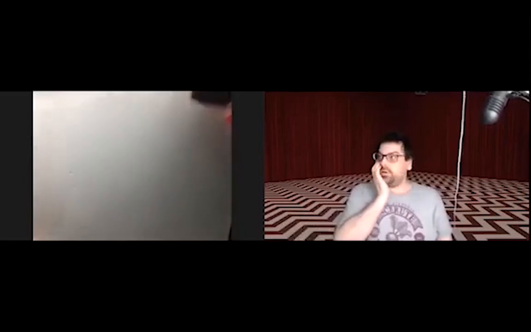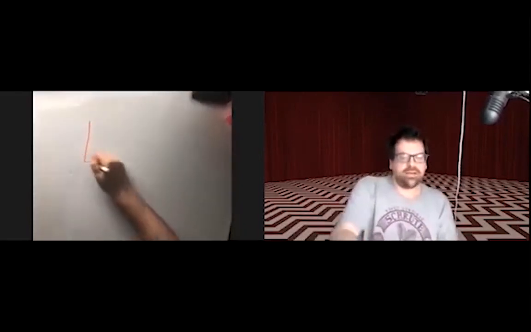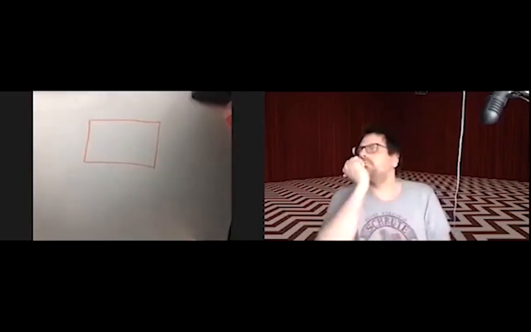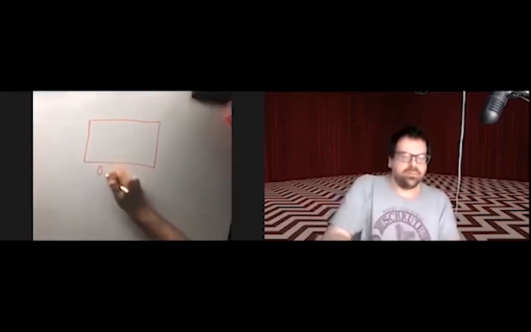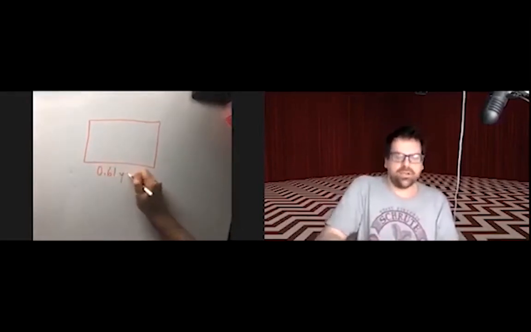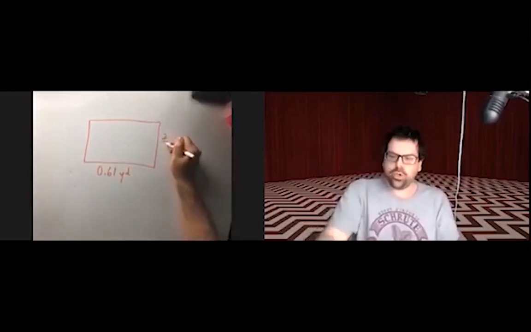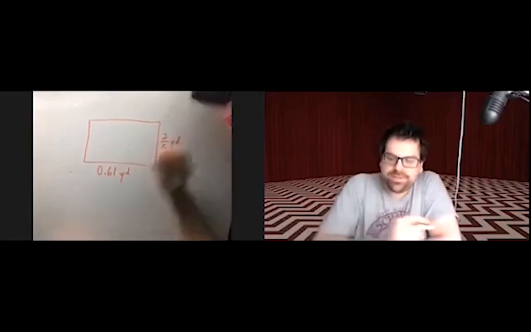Instead of triangles, let's take a look at a rectangle. 0.61 yards this way, 2/5 yards that way.